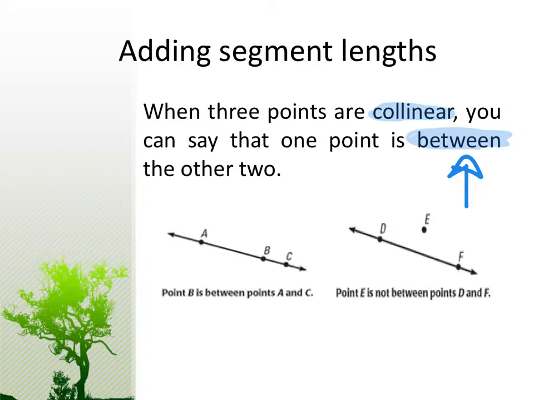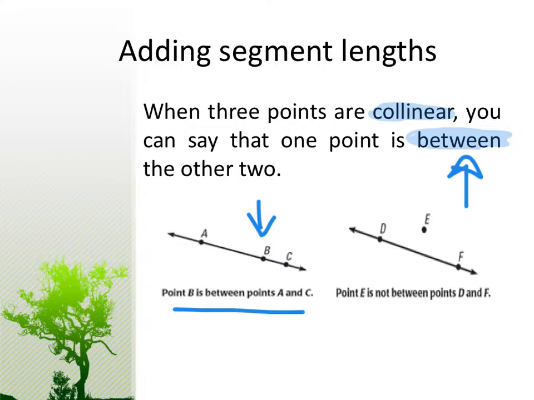Notice it says point B is between points A and C. It doesn't say it's halfway in between or in the middle. It just says it's between. So it's somewhere on that line in between A and C. Now notice on the other picture, point E is not between D and F. It's not on the line.